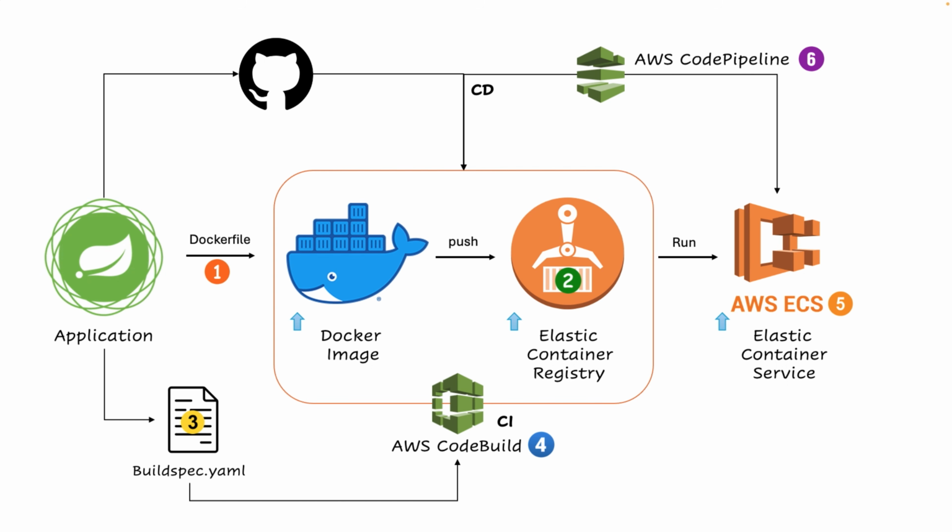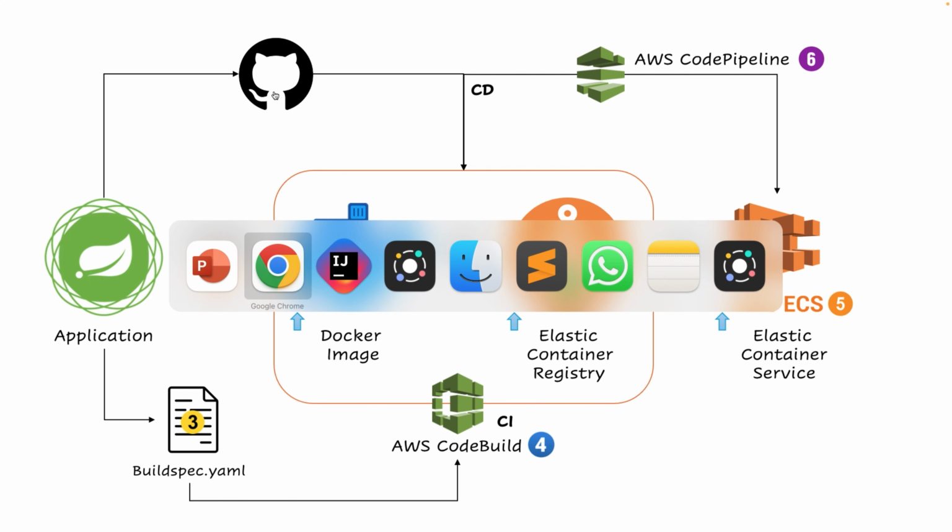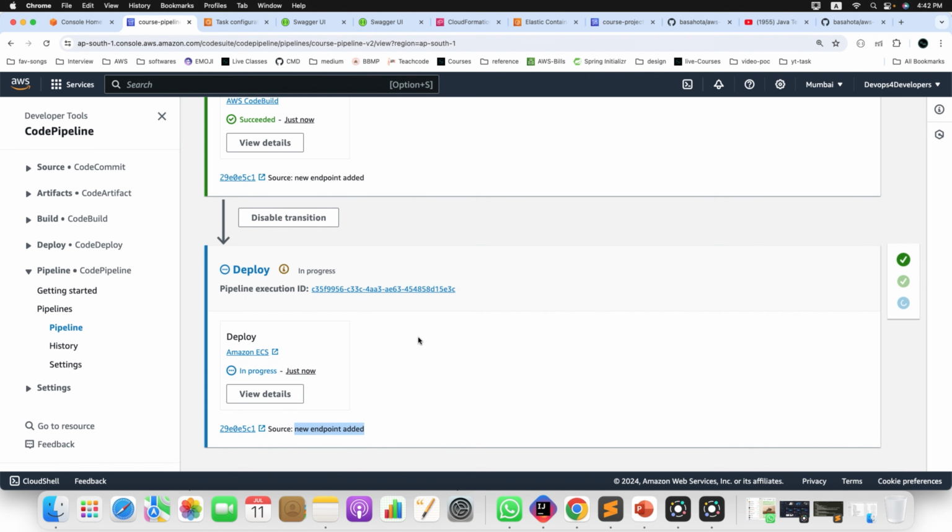The entire process is automated. I did the infra setup once. Going forward, I just need to commit or push the changes to my repo. Everything will be automated by this CICD tool, AWS CodeBuild and AWS CodePipeline. So let's validate that once the deployment is done.